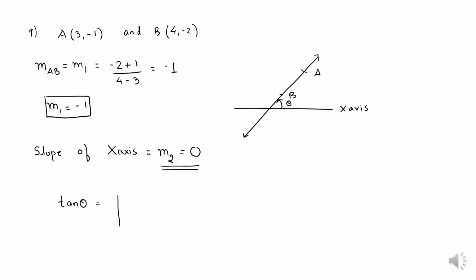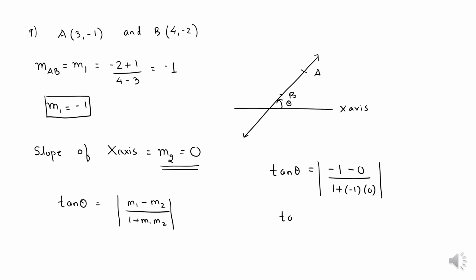So what is the formula? Tan theta is equal to (M1 minus M2) upon (1 plus M1 M2). Correct? Therefore, I will get tan theta as (-1 minus 0) upon (1 plus (-1)(0)). So I'll get tan theta as modulus of -1, that is 1.